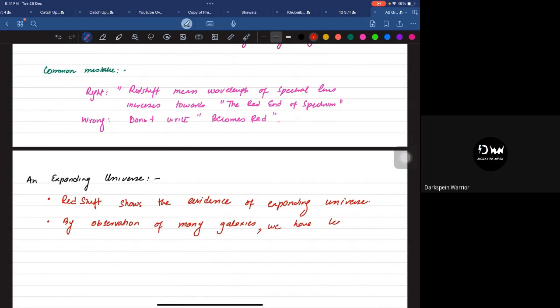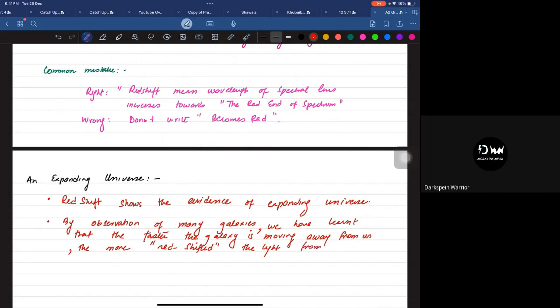We have learned that the faster the galaxy is moving away from us, the more redshifted the light from it is observed. Right, kids? That's something important.